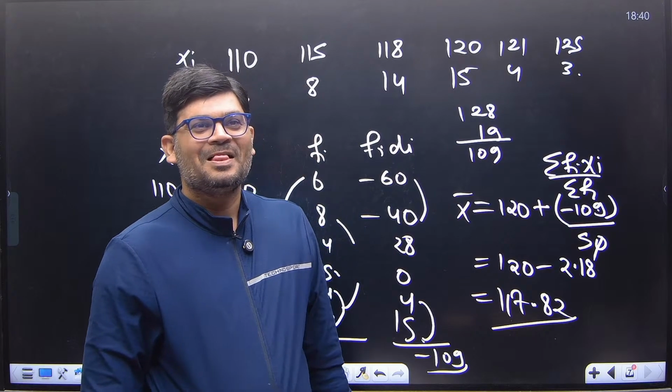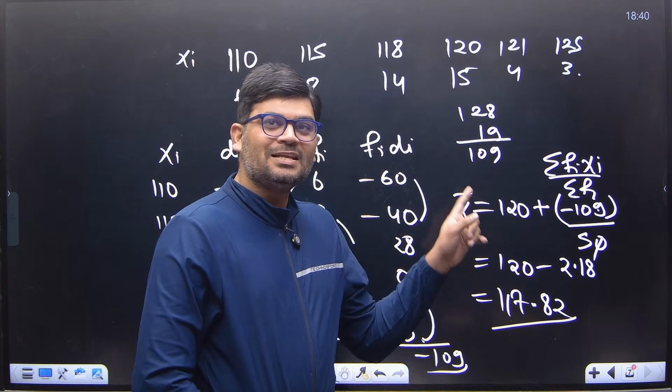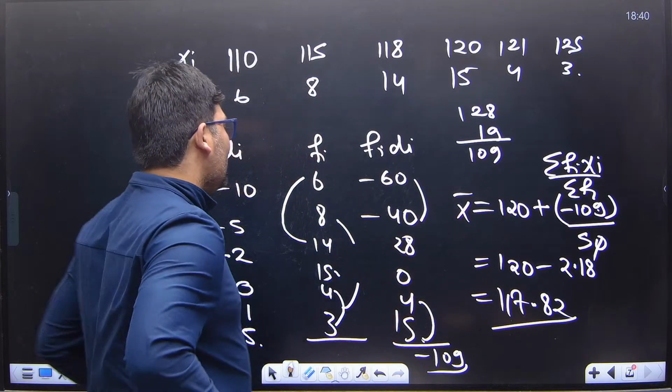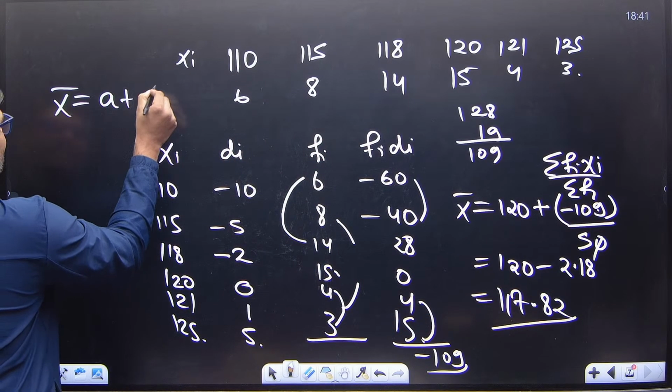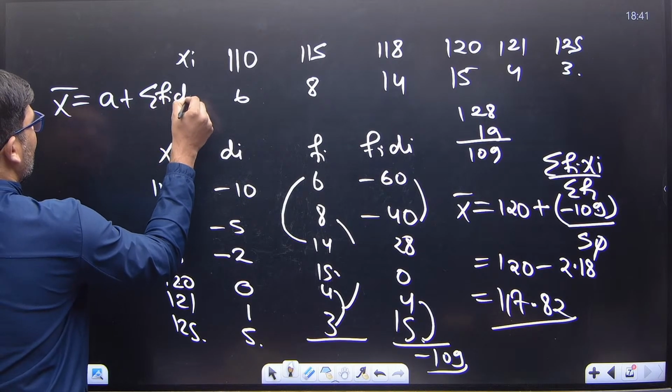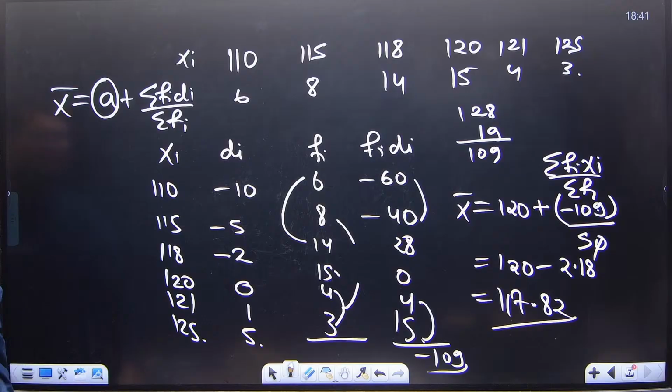Or you will forget to add it later on. So please write it before. The formula is like this, dear. Mean is equal to a plus sigma fi di divided by sigma fi. What is a? A is the assumed mean.